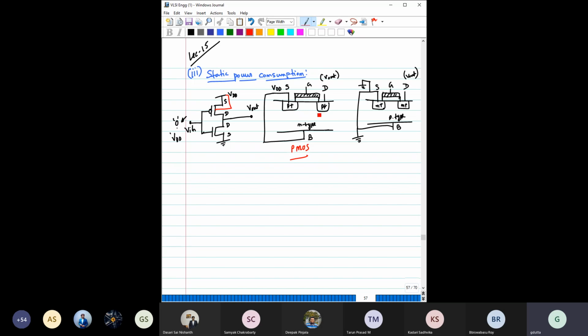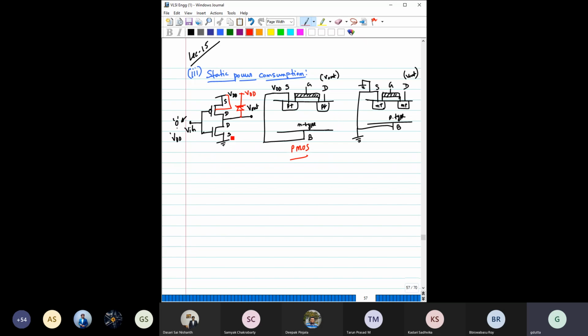So we can represent this as a diode connected with VDD, and this diode would be in reverse bias when V out is lower than VDD. So that will also have some leakage current, right?